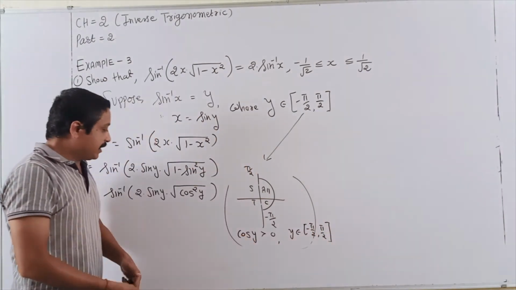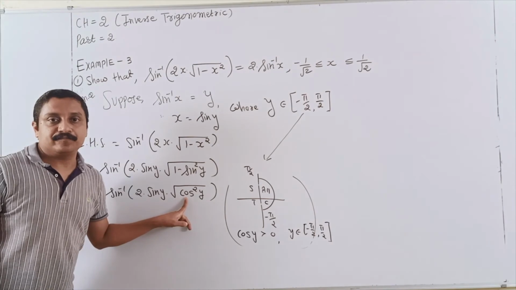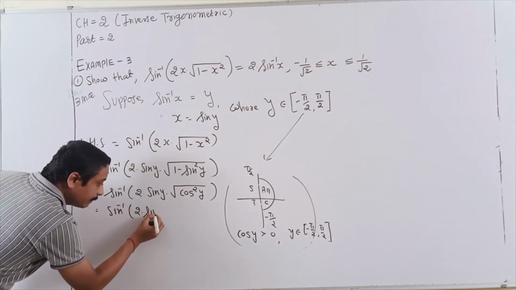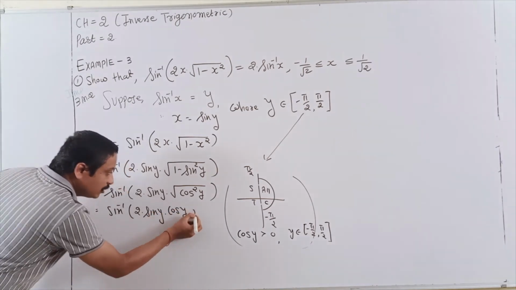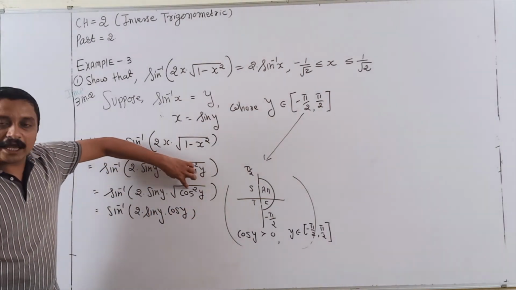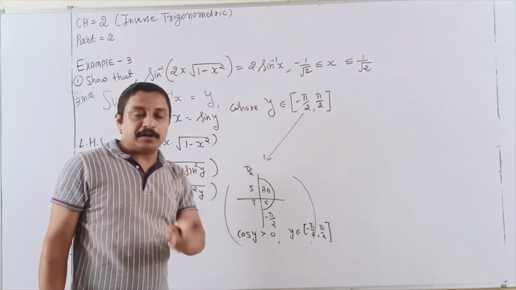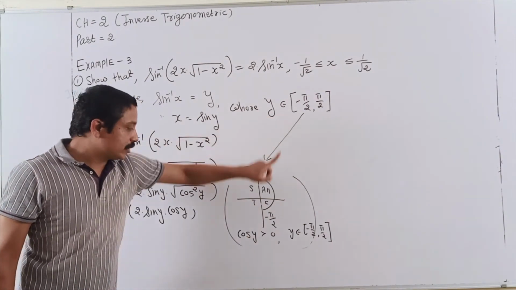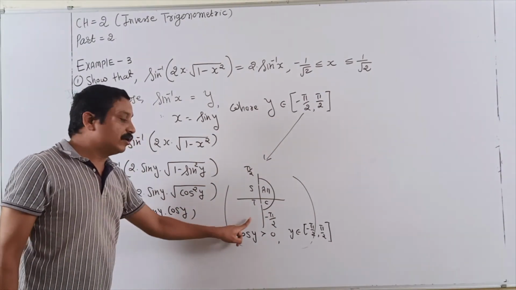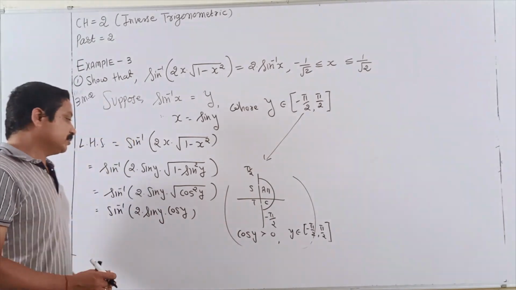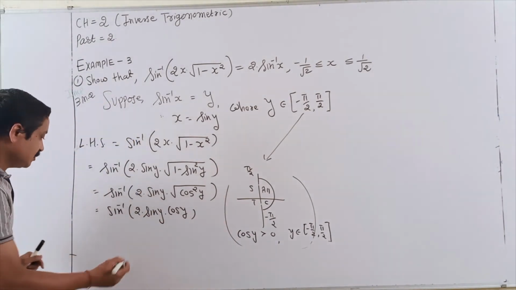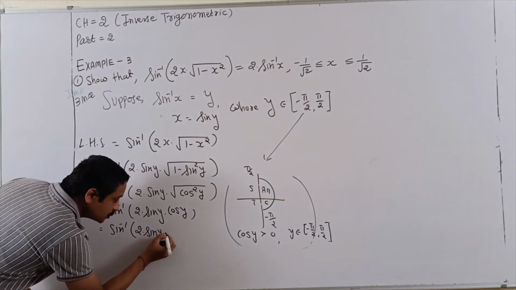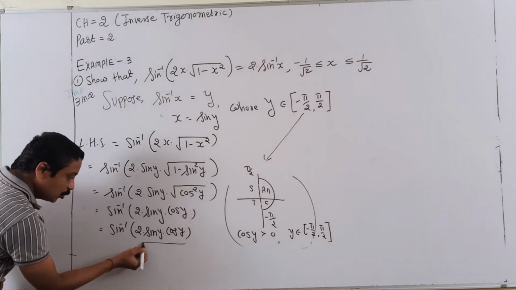That's why I mention here that this answer is positive. So sine inverse 2 sin y into cos y. Are you clear, students? Generally, any square root answer is plus or minus, but in this case only, according to the condition, y lies in the first and fourth quadrant, where cos is positive.